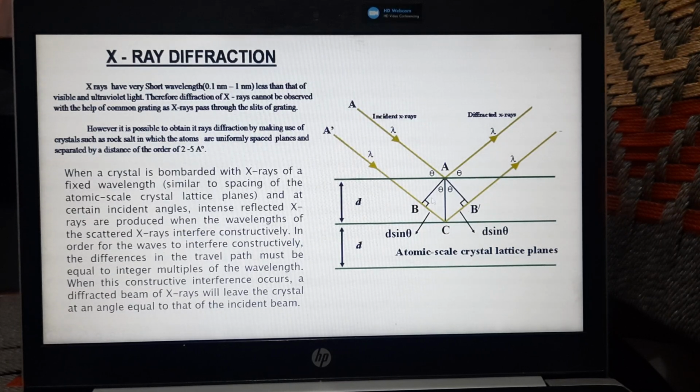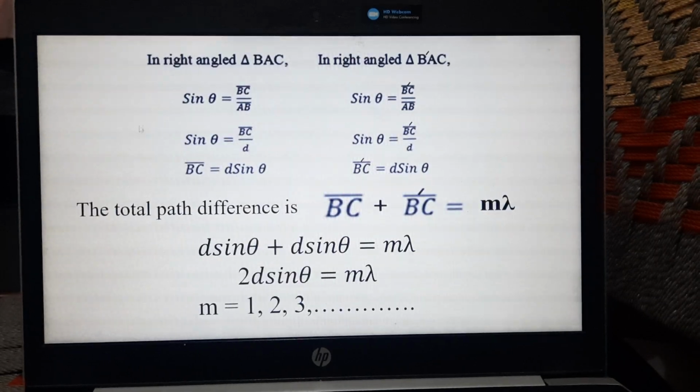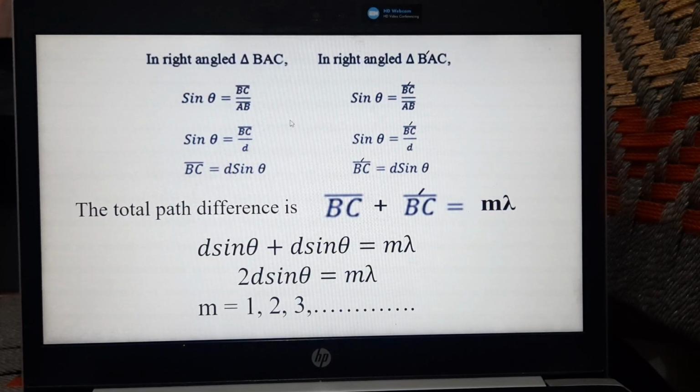For both these triangles, we can calculate the sine theta as BC divided by AB, and for triangle B prime AC, the sine theta is calculated as B prime C divided by AB. Such that the path difference for triangle BAC is BC equal to D sine theta, and the path difference between the diffracted rays is B prime C, that is equal to D sine theta.